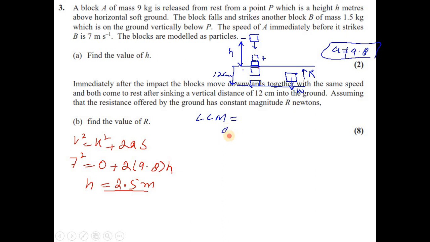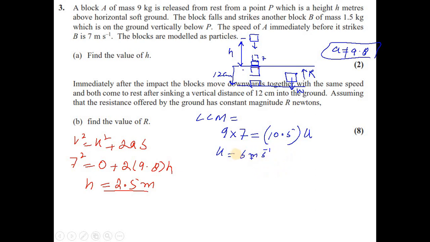The mass of particle A is 9 and velocity is 7 before impact, which is equal to, after impact, both particles moving together, so the total mass is 1.5 plus 9, that is 10.5, times the velocity just after impact, after which it starts sinking. This u you can find after simplifying, and u is equal to 6 meters per second.